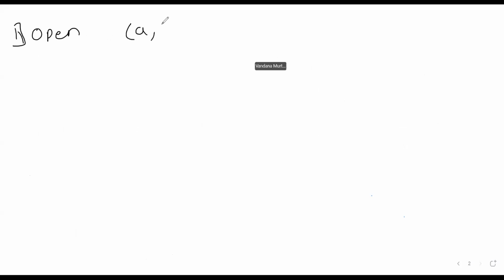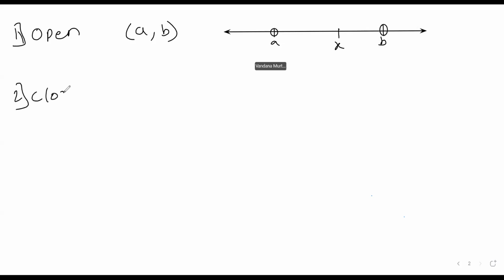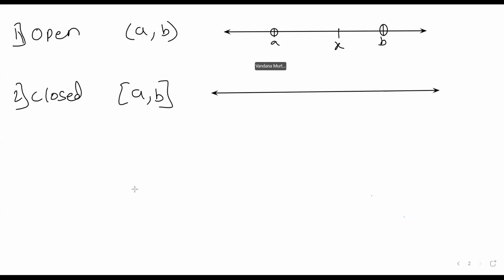Open is A, B. It is A, B, and here is X. This is open interval. Closed. This is closed.